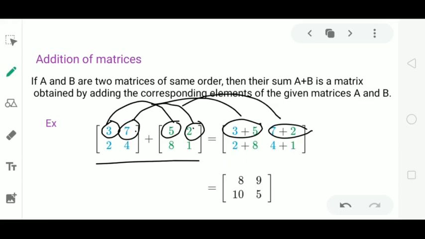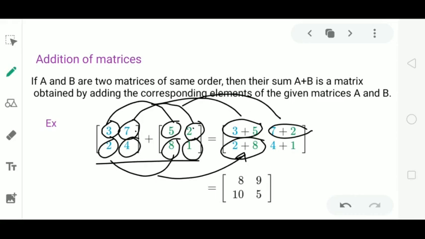Similarly, third element 2 of the first matrix is added to third element 8 of the second matrix. Their sum is also written in third place. Fourth element 4 of the first matrix is added to fourth element 1 of the second matrix. Their sum is written in fourth place of a matrix.